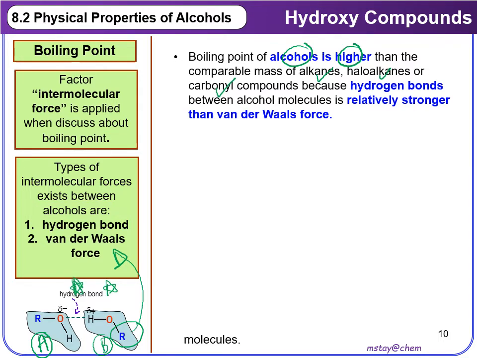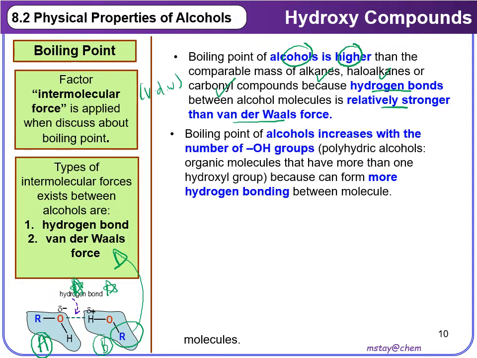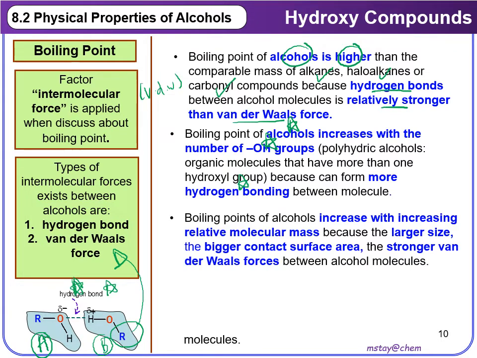Like just now we said, it's because the hydrogen bond is relatively stronger than the van der Waals force. The alkane, haloalkane, and carbonyl compounds only consist of van der Waals force. Similar to alkane, the boiling point of alcohol increases with the number of hydroxyl groups, because more hydroxyl groups mean it can form more hydrogen bonds.